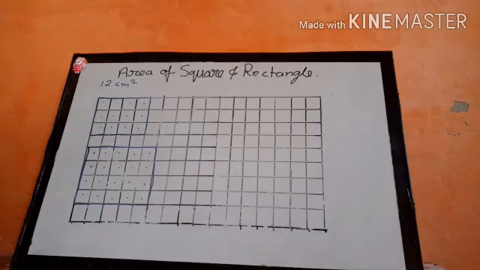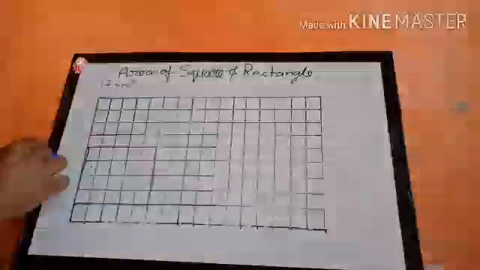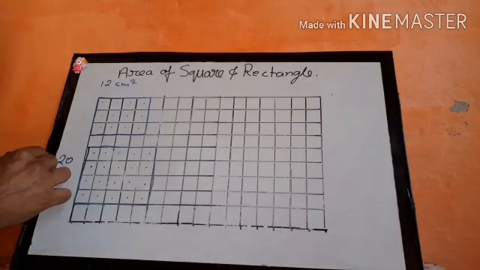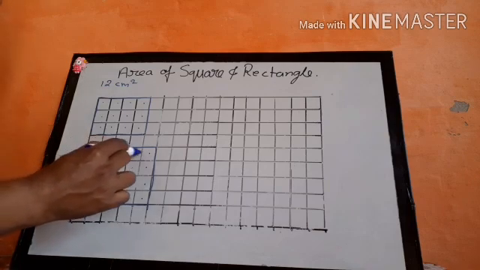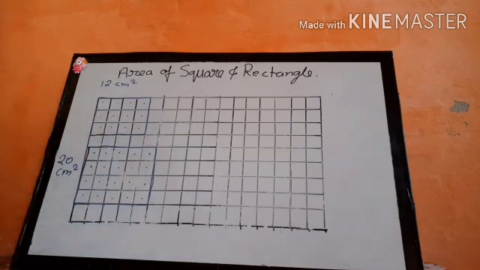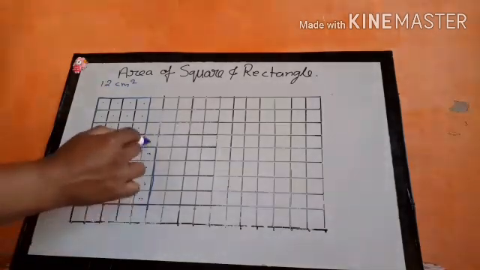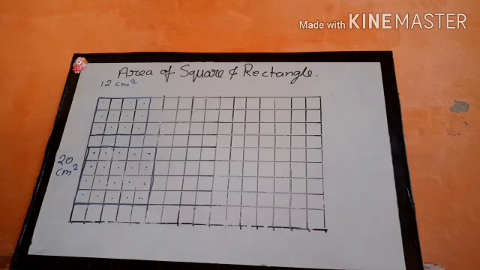So this rectangle has 20 centimeter square area. Here there are 5 squares in length and 4 squares in width.